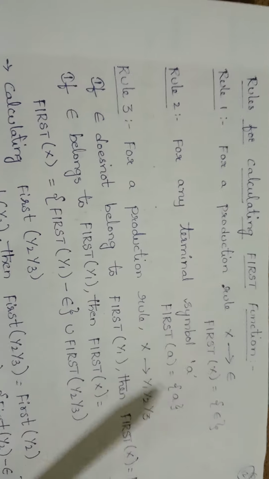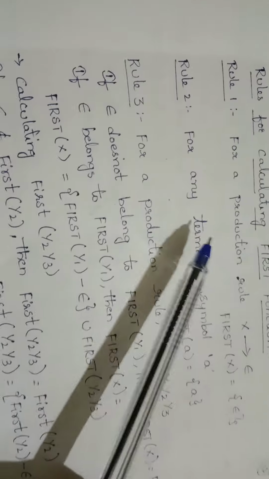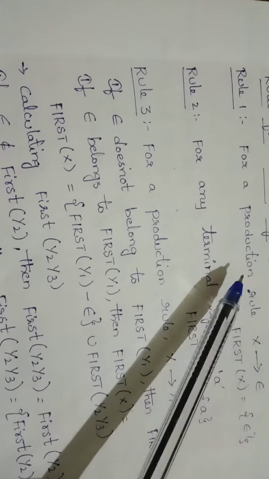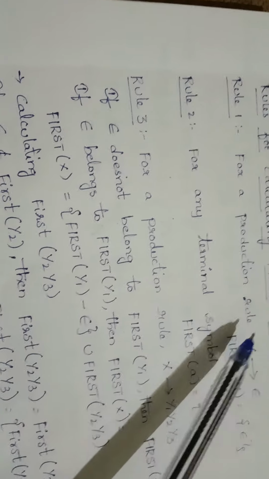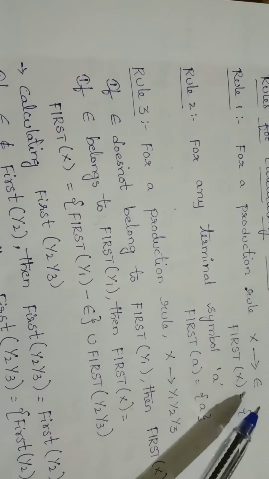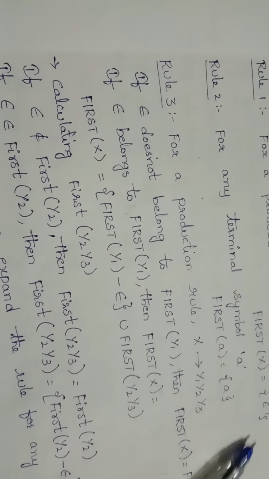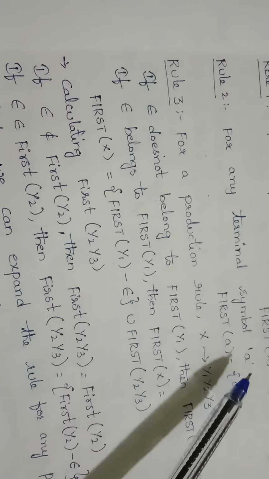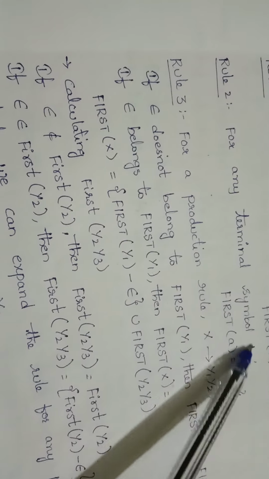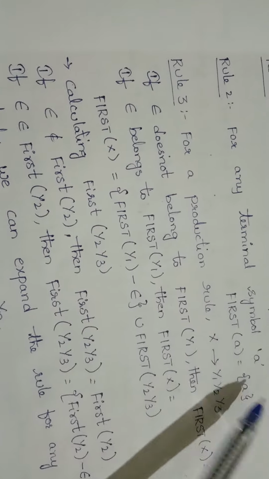Rules for calculating the first function. The first rule: for a production rule of the form x tends to epsilon, first of x is equal to epsilon. For any terminal symbol a, first of a is that symbol itself.